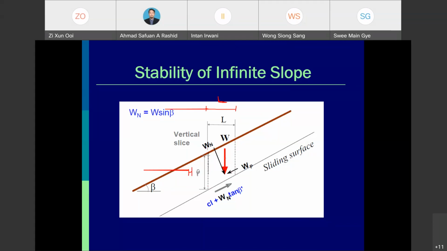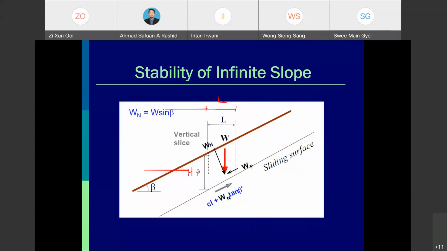By using the same approach as the previous example that we have discussed, the normal component Wn will be W sine beta, while the Wp is W cos beta.